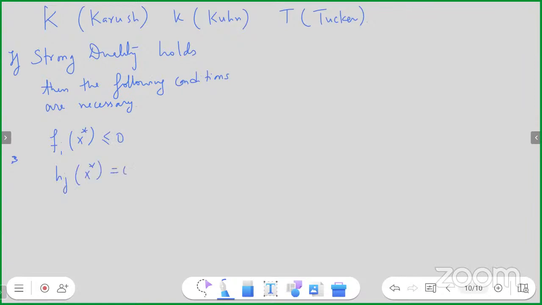This is just the feasibility conditions. They're also thrown inside the KKT condition. The important ones are this lambda i star.